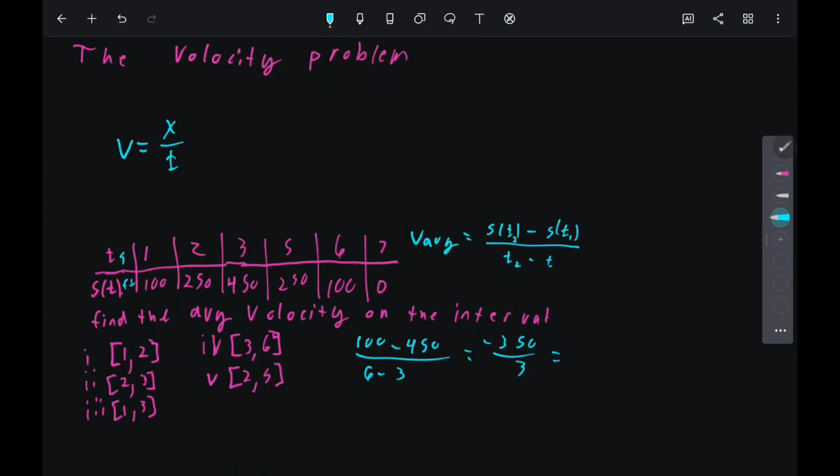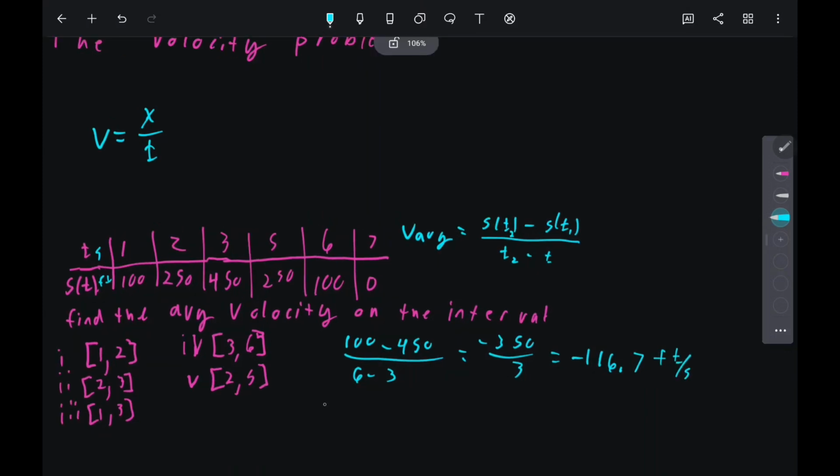That's not going to work out nicely. Sometimes that happens. Well, to approximate that, we will have negative 350 divided by 3, if I remember correctly, and do my head math right. That would be negative 116.7 feet per second.